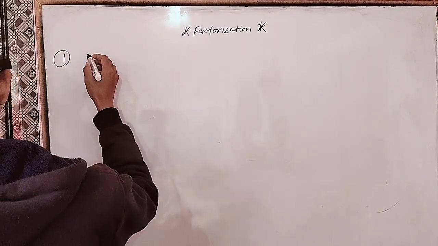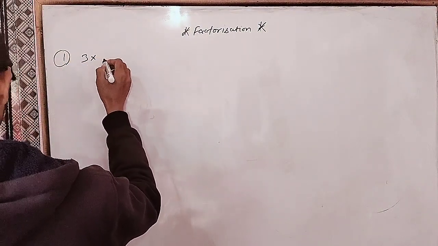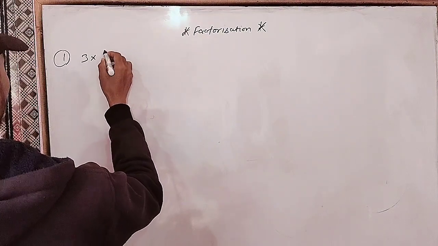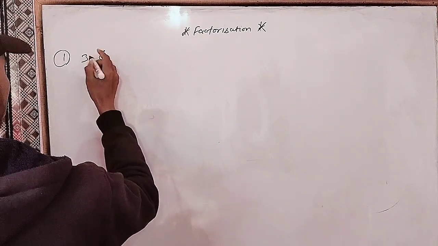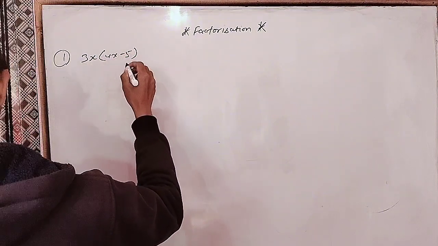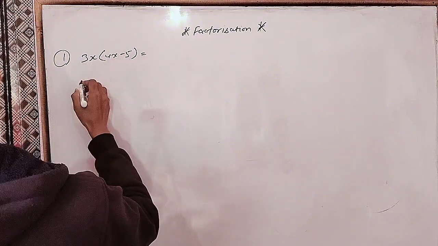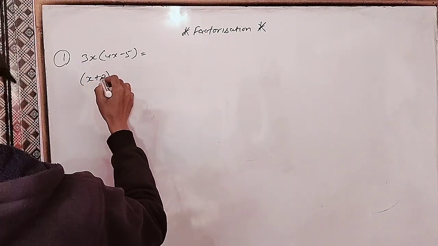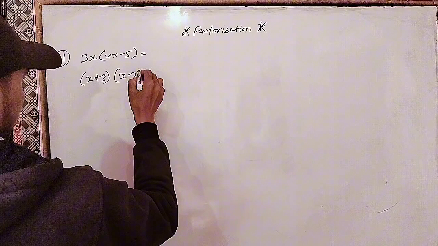First, 3x, otherwise you can write it like that: 4x minus 5. And x plus 3, then x minus 2.